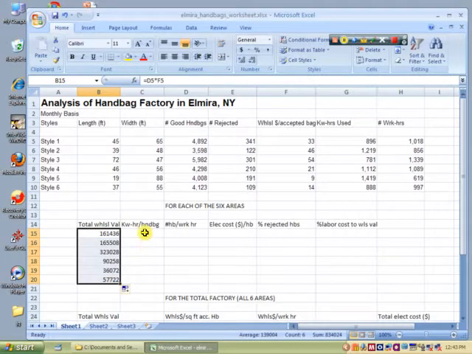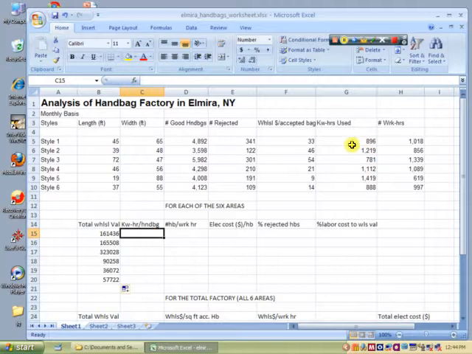Next is the kilowatt hours per handbag. Now here's your kilowatt hours over here, 896, and per handbag. Now per handbag, the electricity you use is for both the good and the rejects, because you don't know when you're working on them that you're going to reject them.